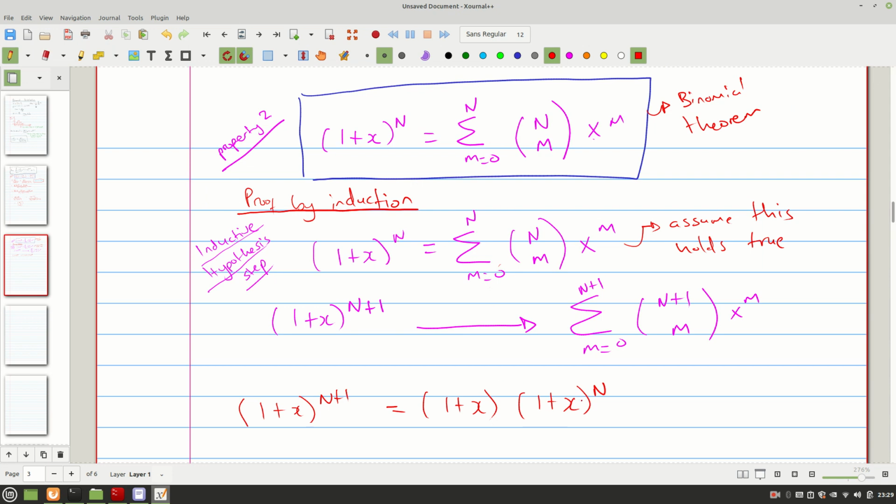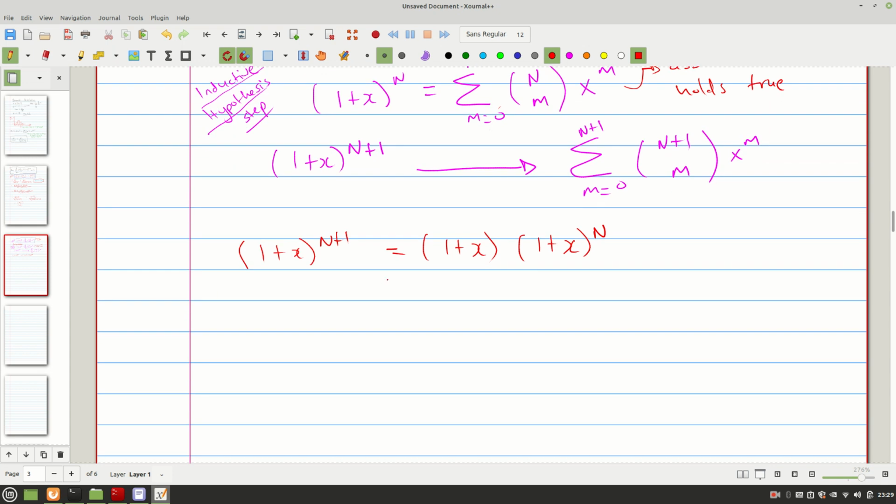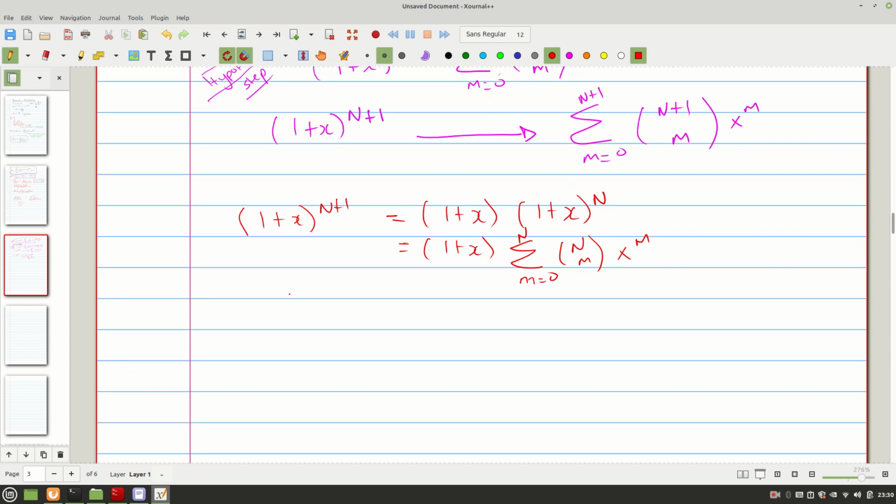This is what we're assuming, which means that this is actually equal to 1 plus x times, since this is assumed to be true, the summation from m equals 0 up to n of n choose m times x to the m, right? So now let's just multiply out these terms.